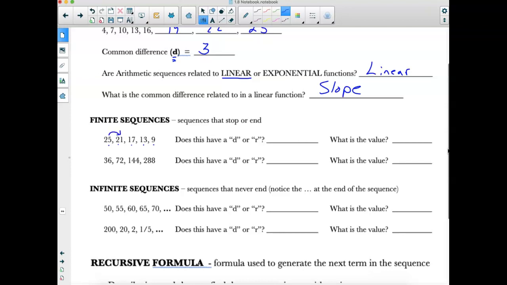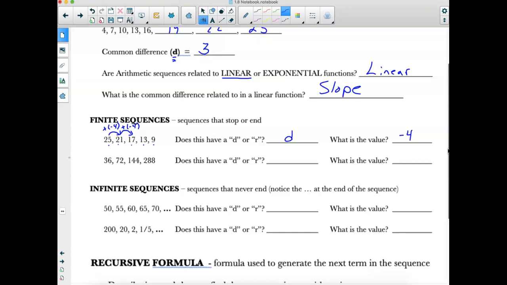If I'm thinking about it, I added -4, didn't I? And then how about 21 to 17? I added another -4 again. You can think of it as -4, but we're really adding -4. Okay, so this one's going to have a d because it's linear, and the value of that d is -4.